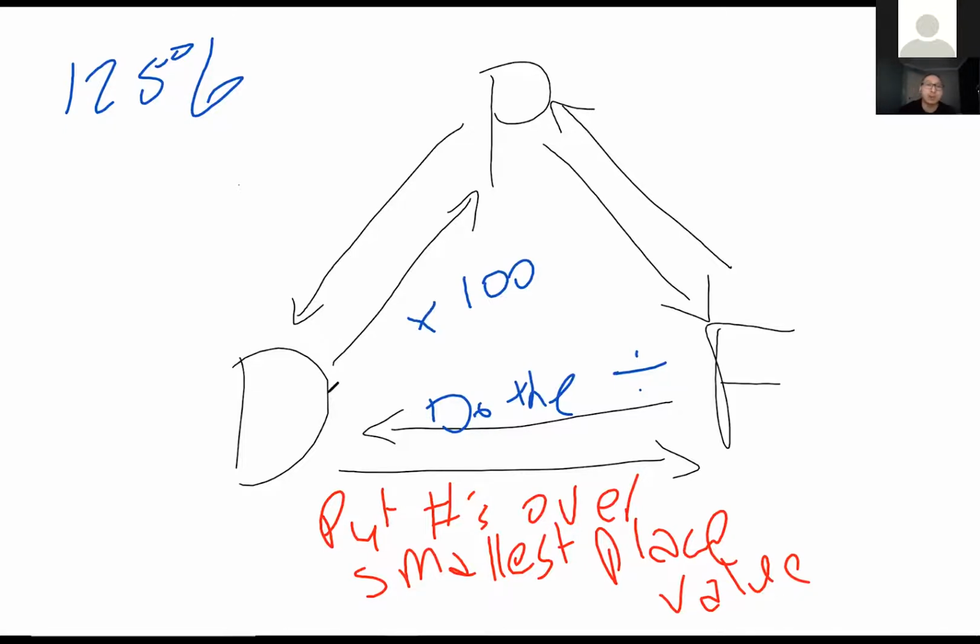So if I've got 125%, what that means is that I'm getting 125 for every 100. So what I can do here is simply take my percentage and put it out of 100, right?